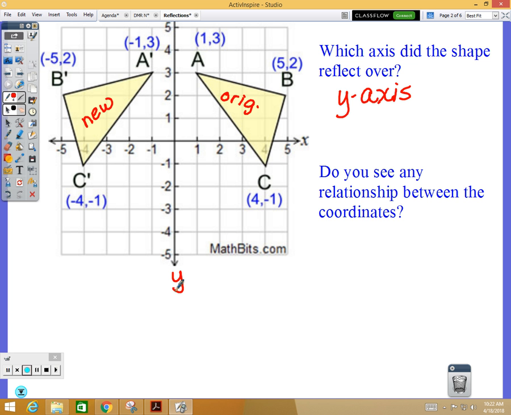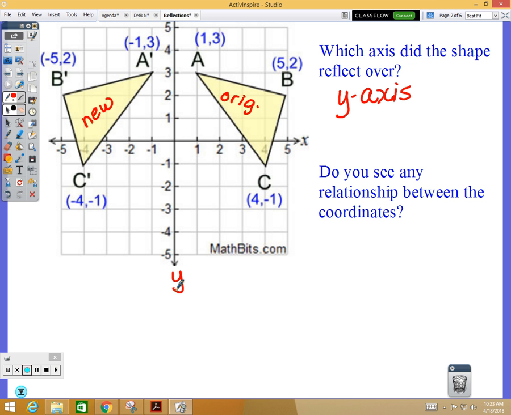So whenever it looks like a page of a book flipping, that's your y-axis, and then the x-axis is like up and down, okay? So looking at your coordinates that are labeled, do you see any relationship between them? For instance, your A and your A prime. A is 1, 3. A prime is negative 1, 3. What relationship do you see there?